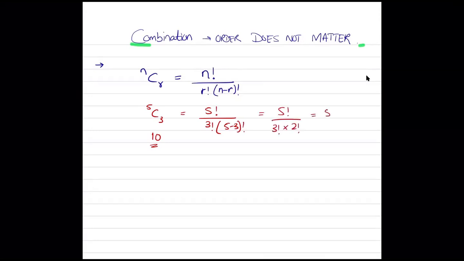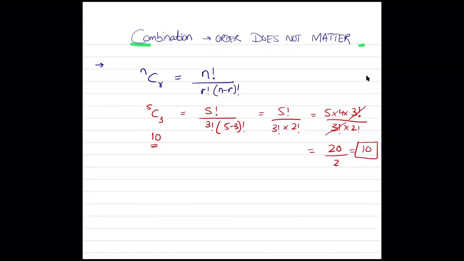If you simplify the numerator, you are going to get 5 times 4 times 3 factorial. So 3 factorial and 3 factorial would be resolved. 5 times 4 is 20, 2 factorial is 2, so the answer will be 10 again.